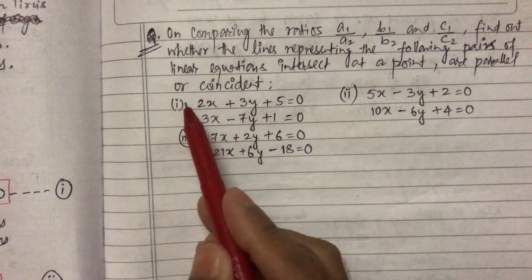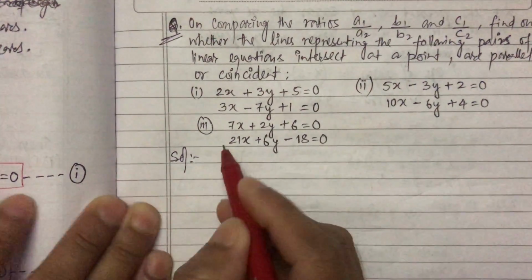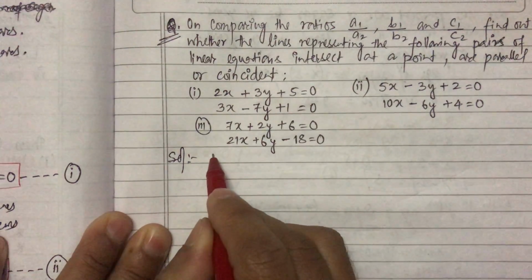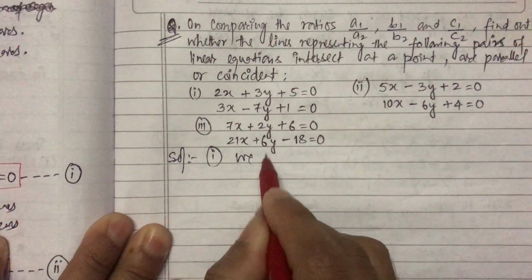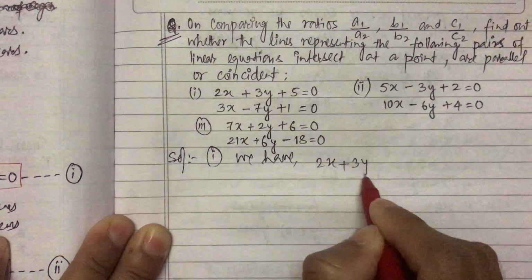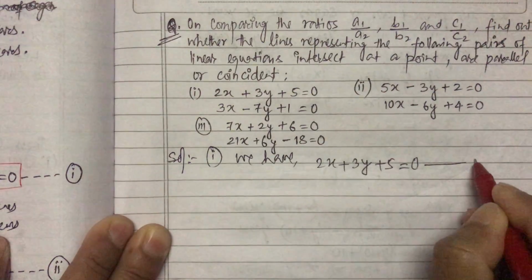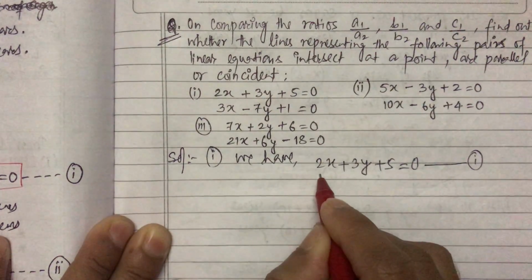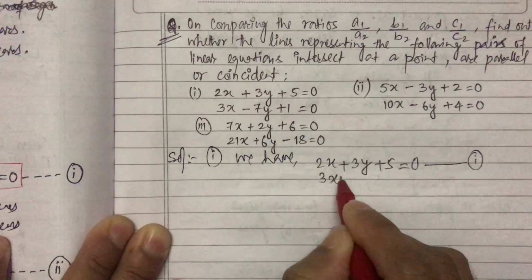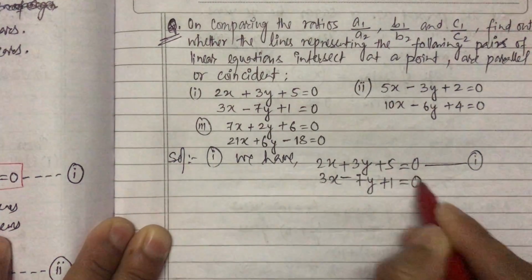So the equations are kept, equations 1, 2, 3. Let's see the solution. In number 1 we have 2x plus 3y plus 5 equal to 0. This is my equation 1, and the second equation is this one, equal to 0.